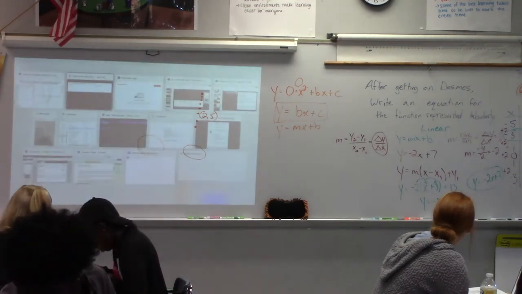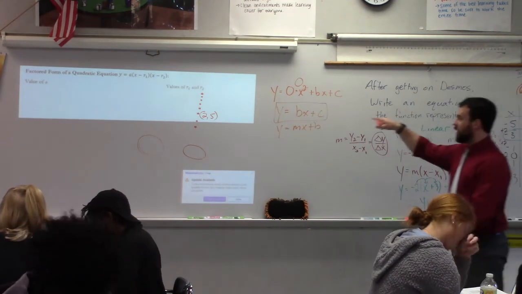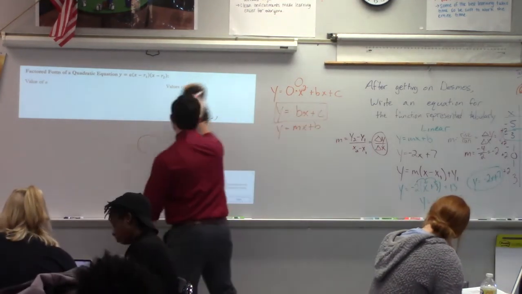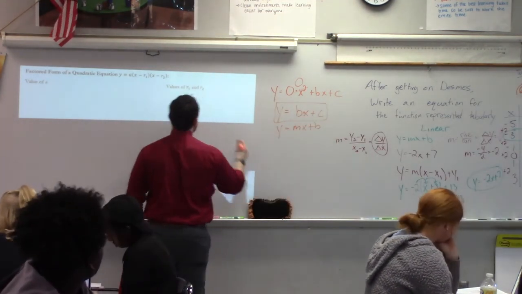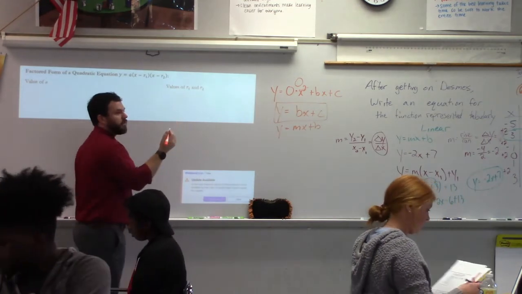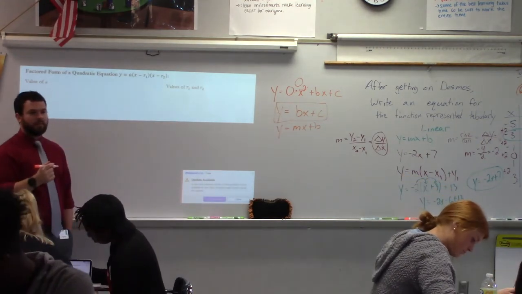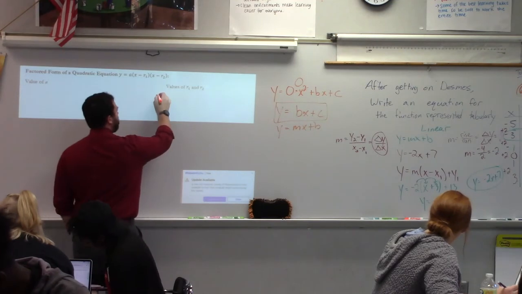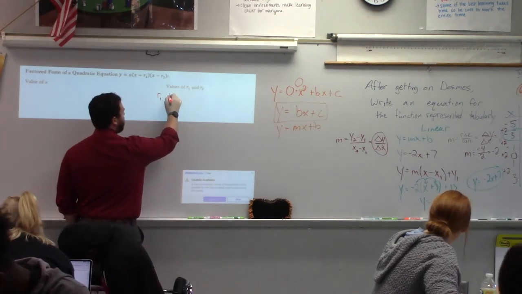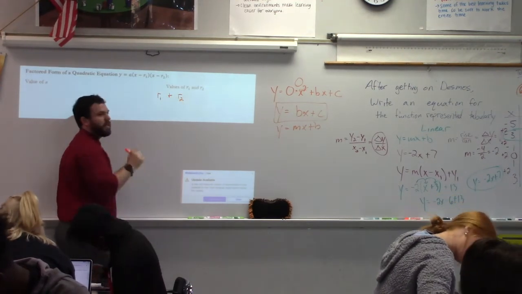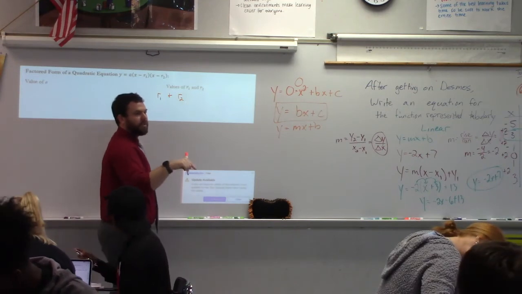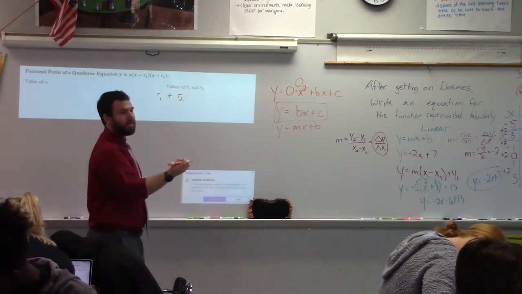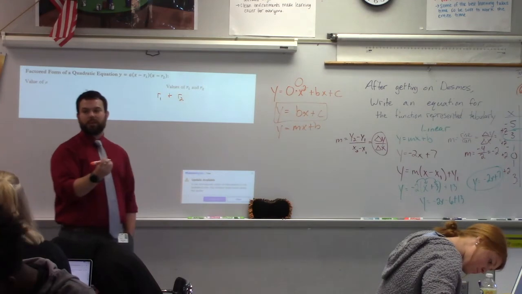Not to get on my soapbox and preach about all those things, but looking here at the values of R1 and R2, what are those defining? R1 and R2 define the x-intercepts. Now, we need to be a little more clear about which part of the x-intercept: the x values of the x-intercepts. Notice it doesn't just say x values. Because how many x values are there for that parabola?